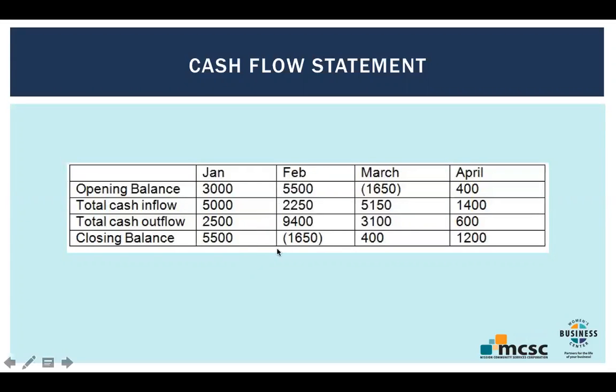They may be selling, but they may not be bringing all the cash in because you have receivables. So if we have a shortage of receivables one month, I as the business owner need to look at this and say, I need to have a backup plan for where this cash is going to come from, because starting the next month, I know I'm going to have 5,150. That's great. But I need to be able to cover what's going out in the business.